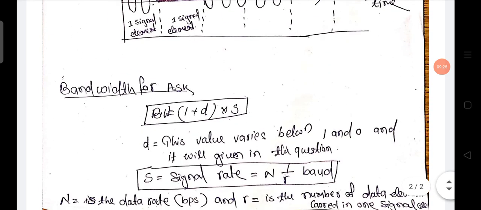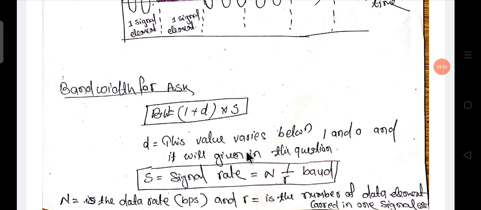Next, what is the bandwidth of ASK? The bandwidth of ASK is B = (1 + d) × S. Here d is the efficiency of the modulator, and this d value varies between 0 and 1.